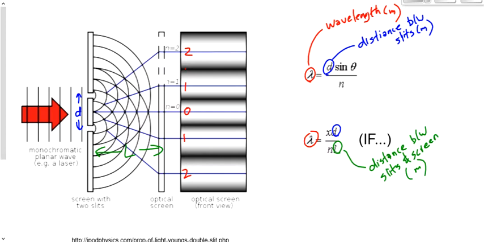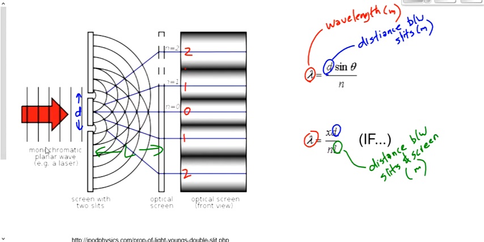Now, what I'm about to show you is going to look a little bit confusing. So bear with me on this, okay? I'm going to say that X is going to represent the distance from one maximum or minimum to another maximum or minimum. From one to another. Which one to which one?